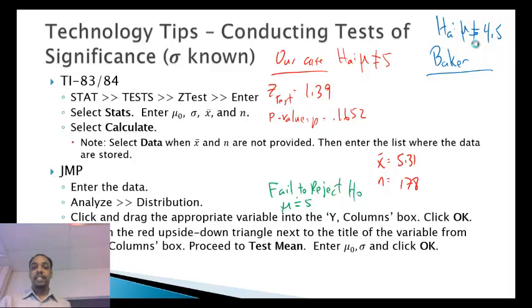Okay? Someone read off your results, please. Raise your hand. Read them off. Yes? All right. So the z-test statistic is 3.626. I'm with you. Go ahead.